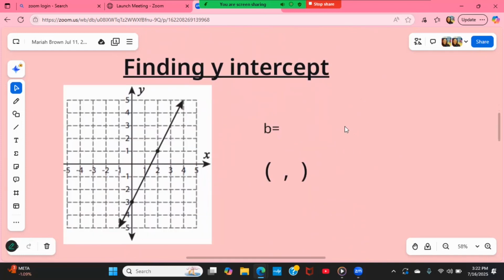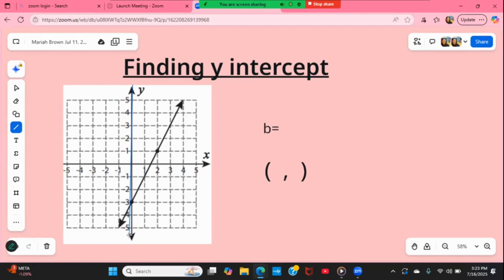So I'm going to show you the different ways that we can write our y-intercept and how to find it in this video. All right, so here goes our first graph, and we're going to find the y-intercept. I'm going to show you how easy this is. So in looking at this here, we're trying to find the y-intercept, which means we're looking at the y-axis here. So I'm just going to draw a line going down the y-axis, okay?